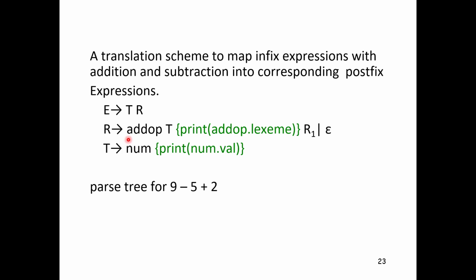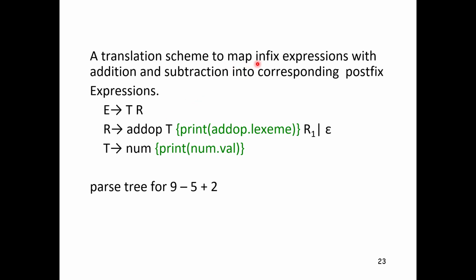Actually, the production is R gives addop T R1, but between T and R1 the semantic action is enclosed. Then T gives num, {print num.val}. Here it is enclosed after the symbol on the right-hand side.